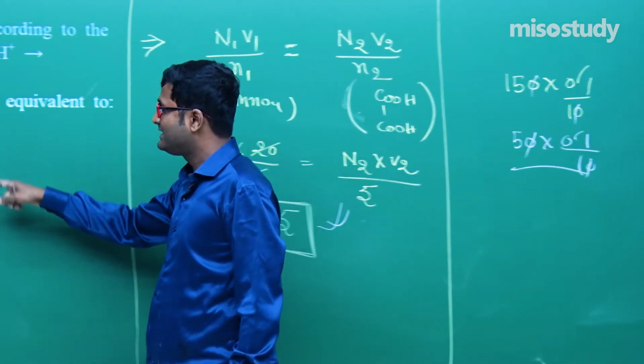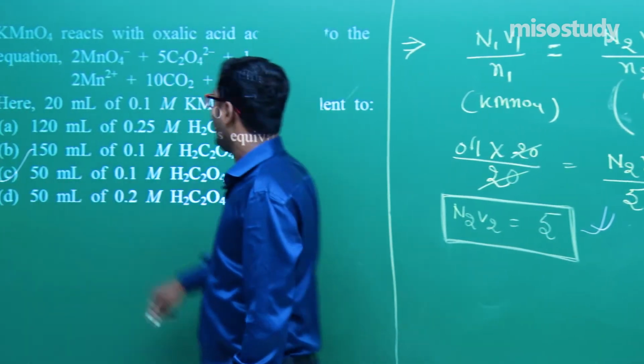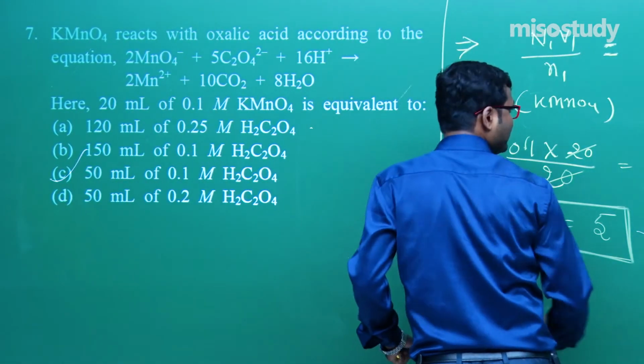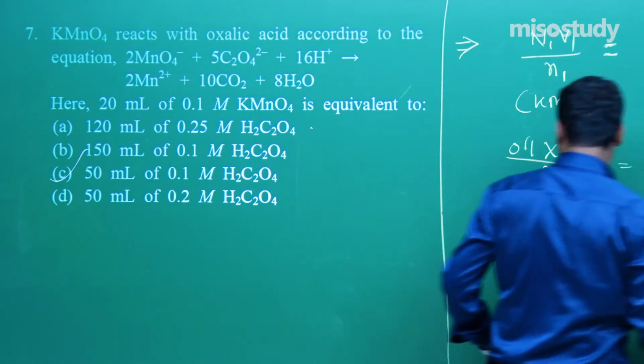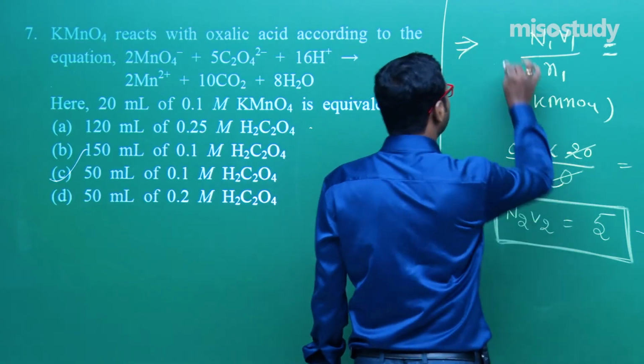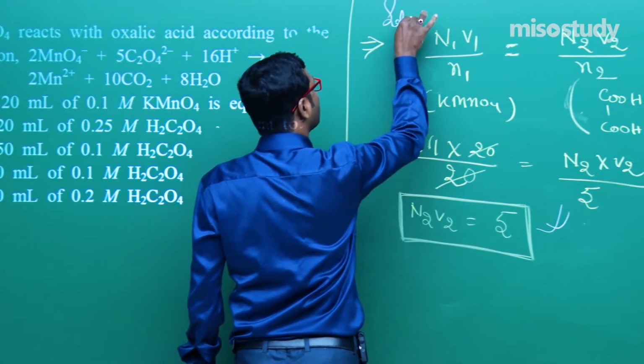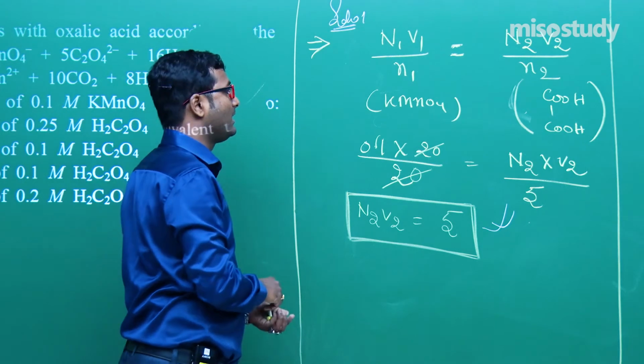C option satisfies the answer. Here N2 V2 comes to 5. This is the complete solution related to question number 7.